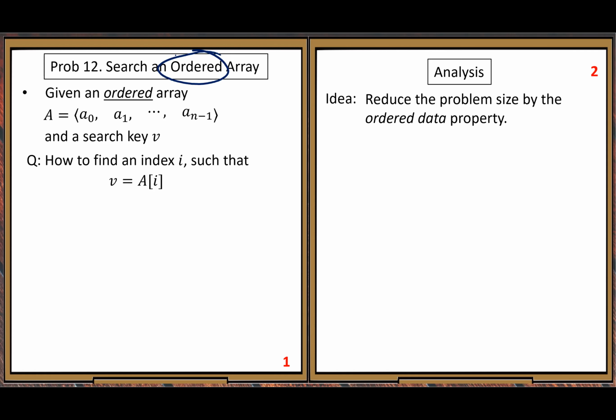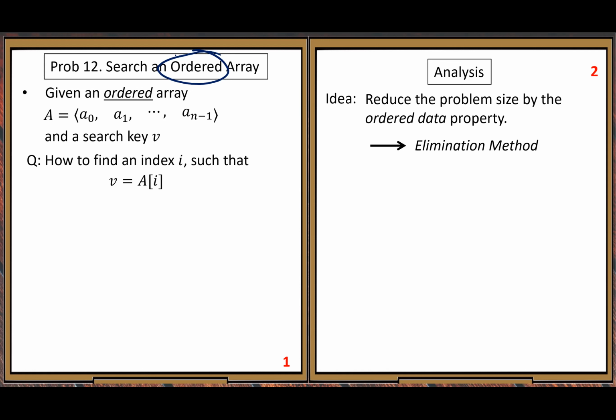The idea: reduce the problem size by the ordered data property. Ordered data, that property we need to take advantage of. That property can help us reduce the problem size quickly, faster. We use the elimination method.